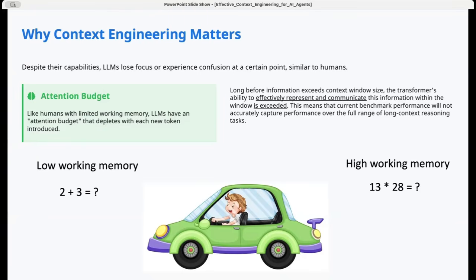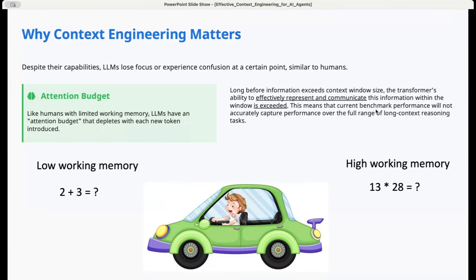It is the same thing for an LLM. Even long before the information exceeds the context window size, the transformer's or LLM's capability to effectively represent or communicate this information within the window is already exceeded. Even though the LLM is able to take up to 1 million tokens, its effective working memory is already exceeded far before reaching the upper limit of the context window.